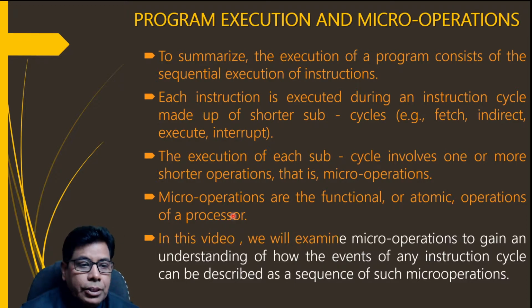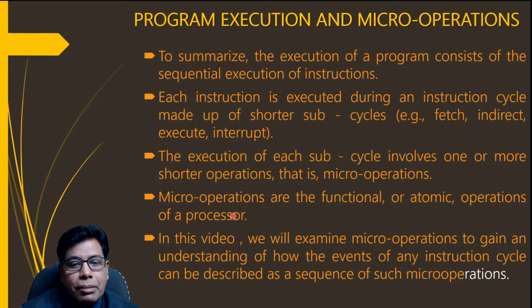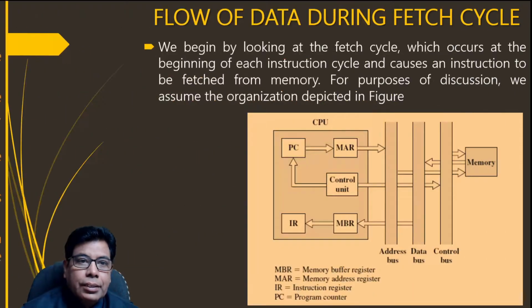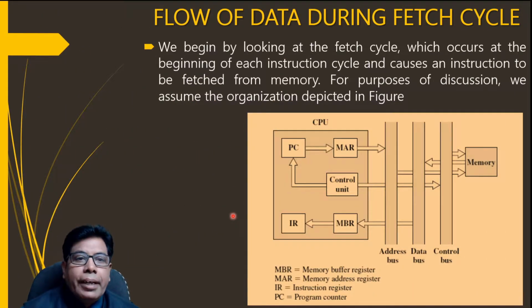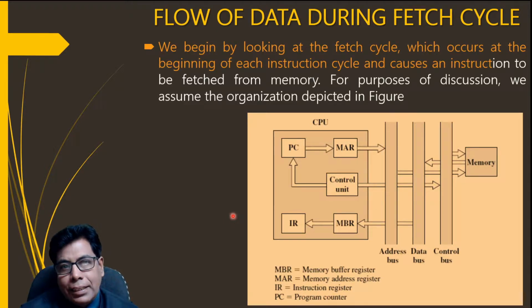In this video, we will examine micro operations to gain an understanding of how the events of any instruction cycle can be described as a sequence of such micro operations. Basically we are going to see the fetch cycle in detail. Let us go to the flow of data during the fetch cycle.